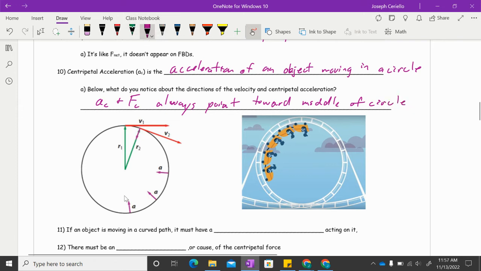So the centripetal acceleration always points to the middle. I can draw more of them in if I like. And the centripetal force also points to the middle. I'm not going to draw as many in, but you can draw in as many as you want. Always points to the middle.